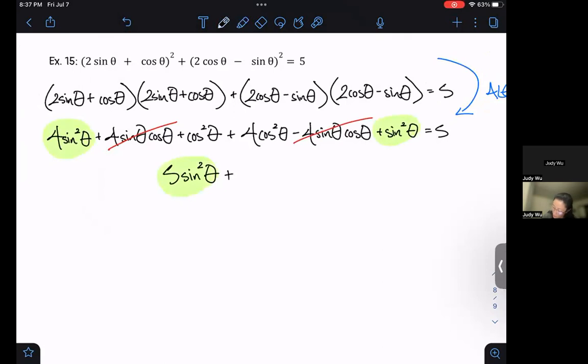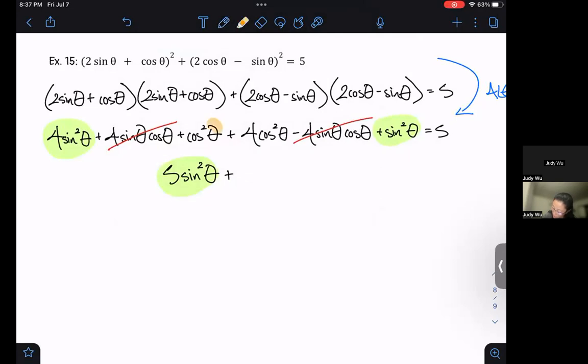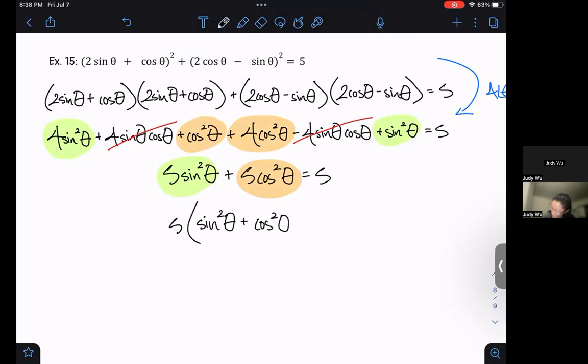Plus, we can do something similar with this one and this one. 5 cosine squared theta equals 5, okay? Now, I noticed that both terms have a 5, so I'm going to go ahead and factor out a 5. 5 parentheses sine squared theta plus cosine squared theta equals 5.